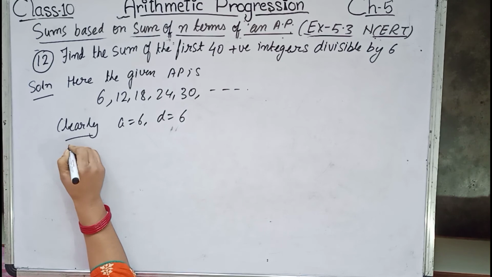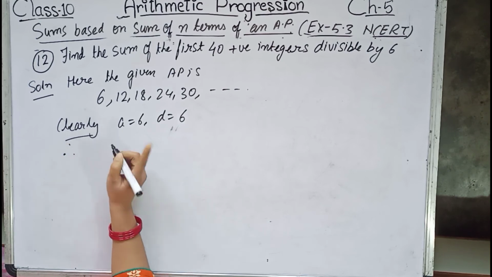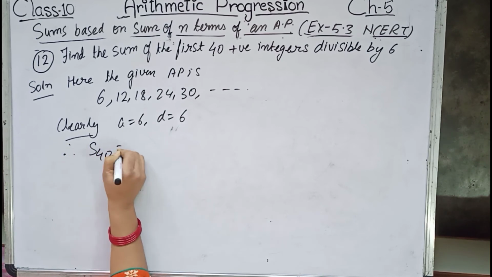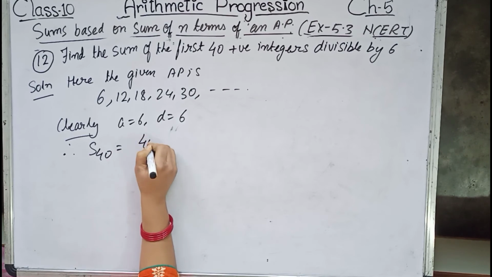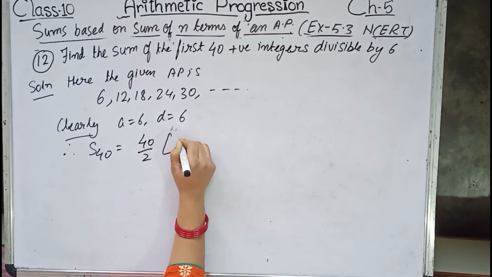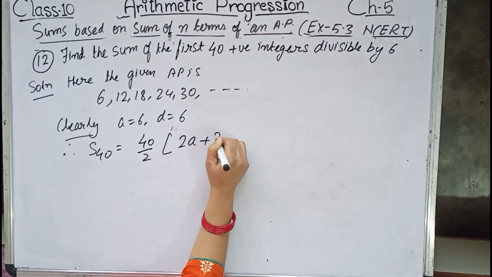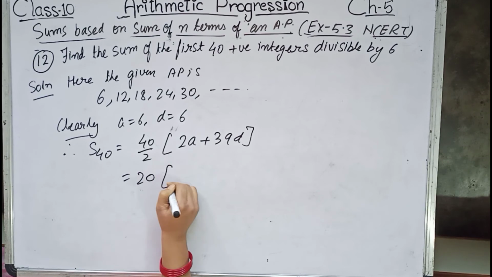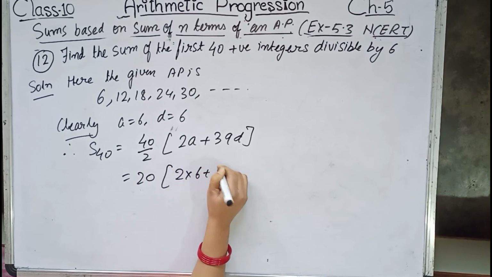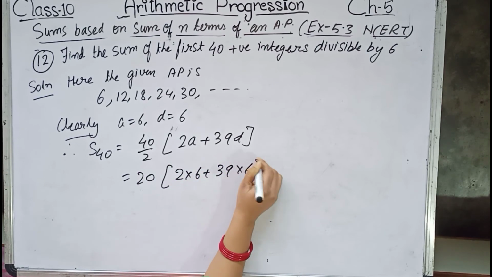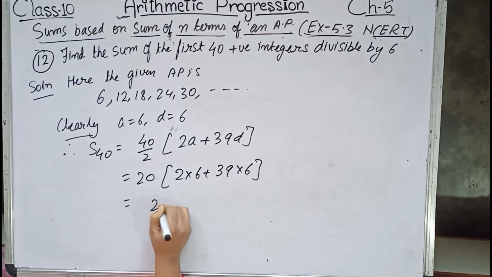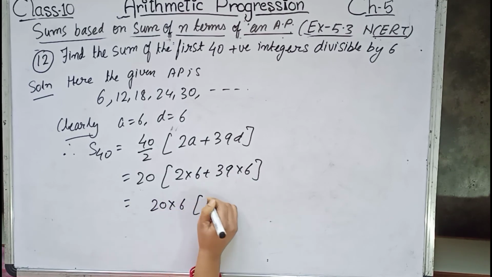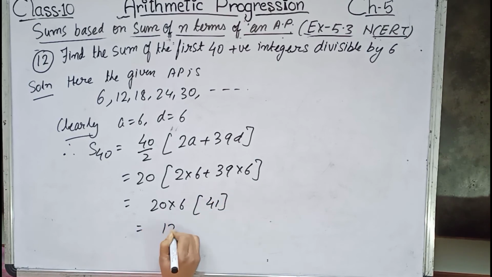Now therefore first 40 positive integers, S40 we have to find. S40 is equals to n by 2 into 2a plus 39d, n minus 1 into d, equals to 20 into 2 into 6 plus 39 into 6. So equals to 20 into 6, and 2 plus 39 is 41. So we can write over here 120 into 41.